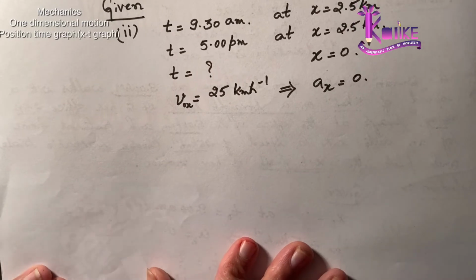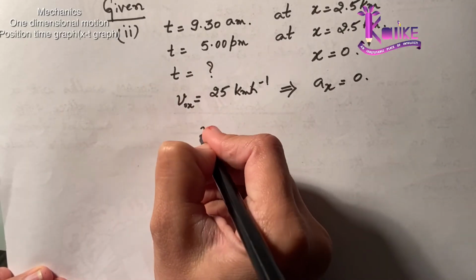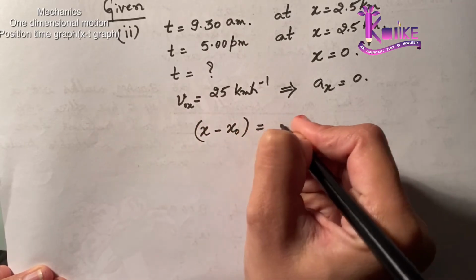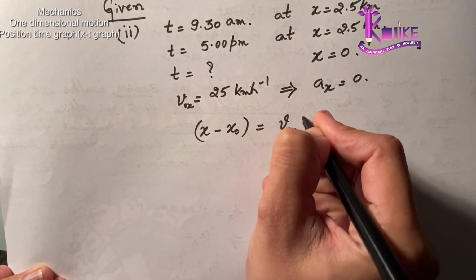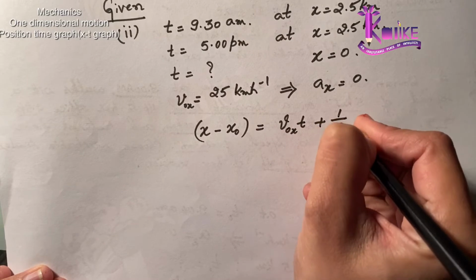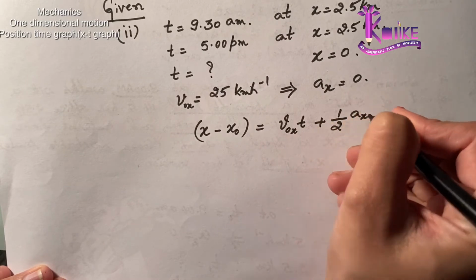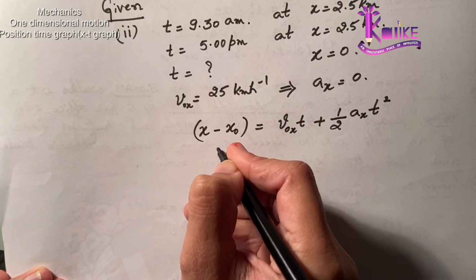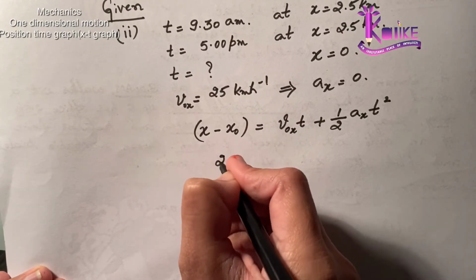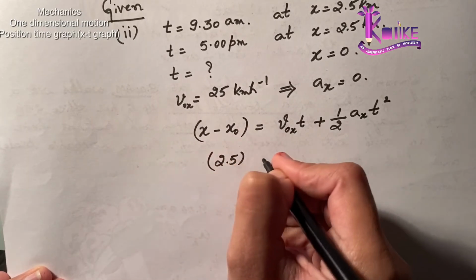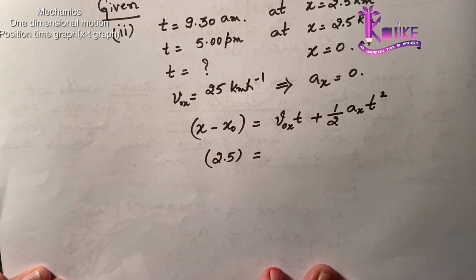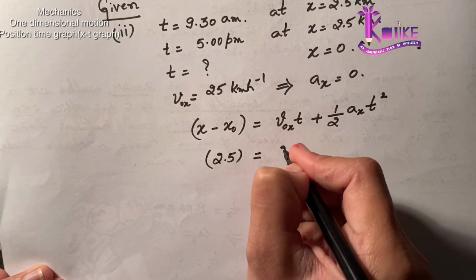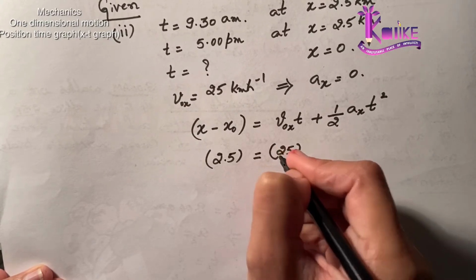Now, using the same equation, I have x minus x naught is equal to v naught x into t plus half a x t square. So, this is again 2.5. She covers the same distance from her office to home, but now she is traveling with a different speed, 25 kilometers per hour in an auto.